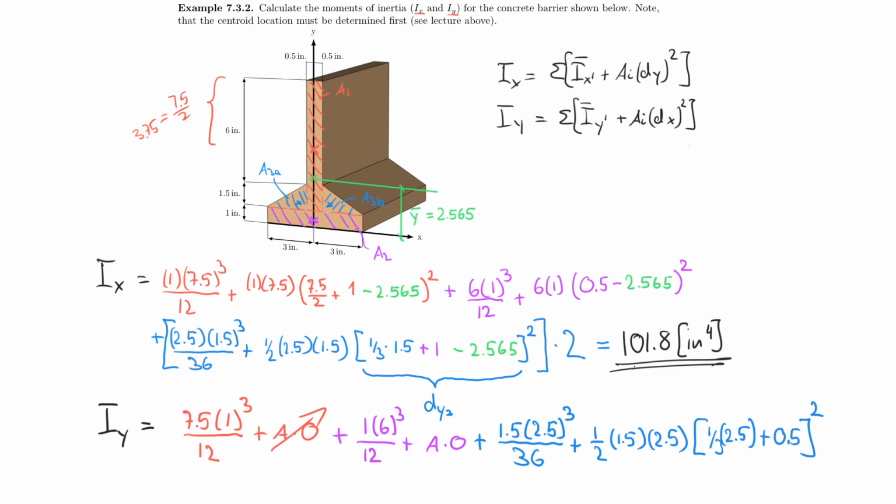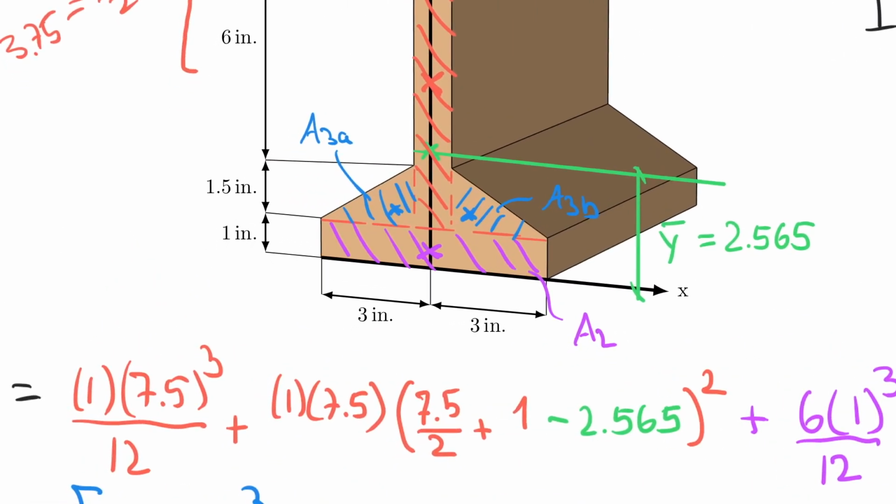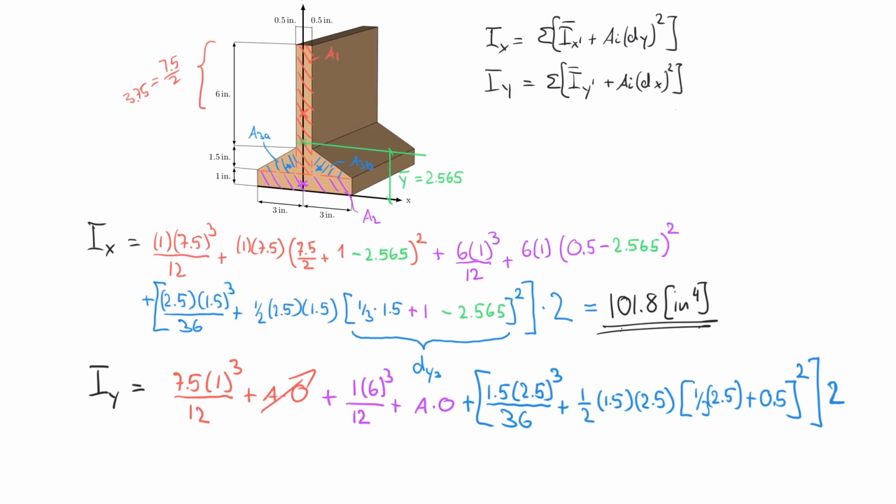I cannot forget about that. And this whole thing exists 2 times. And I want to zoom in real quick just so that we understand what's going on here. So what I did is I took the distance from here to here, which is 1/3 of 2.5, and then I added 0.5 to here. So that is my distance that I'm using for this calculation.